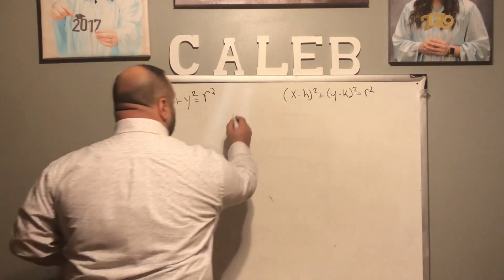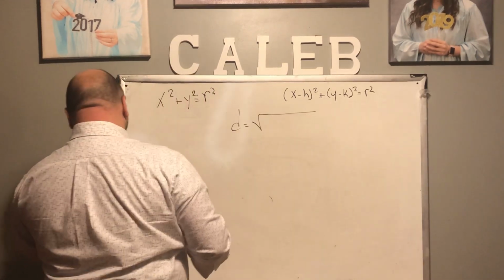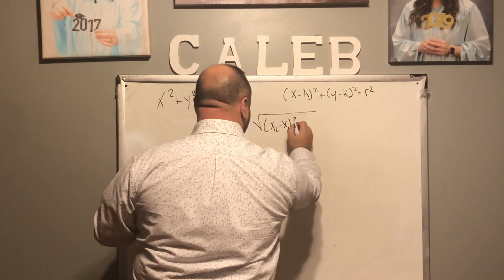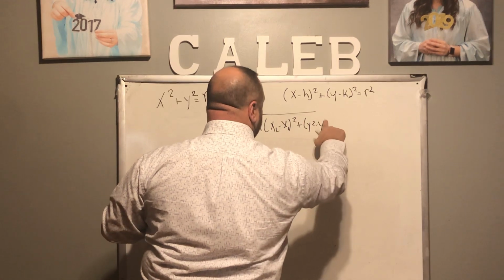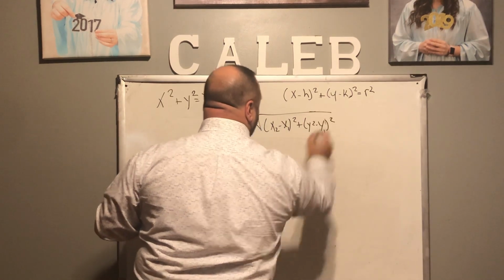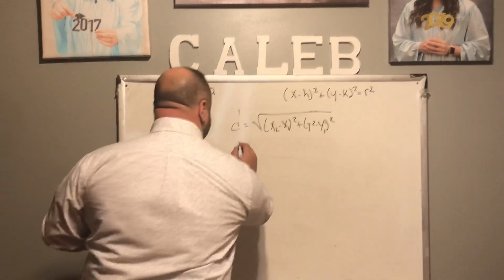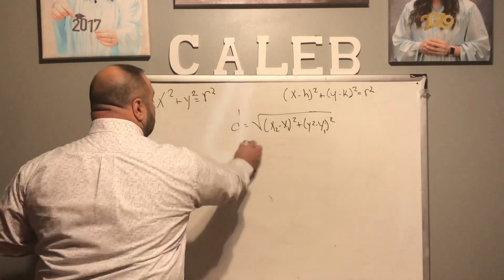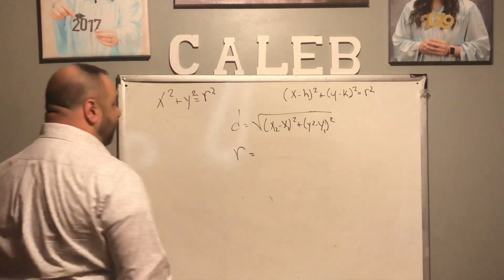So we're going to use our distance formula. Distance equals the square root of x2 minus x1 squared plus y2 minus y1 squared. There's the distance formula. Now we're going to substitute in. For d, remember, that's going to be our radius, so we're just going to make that r.